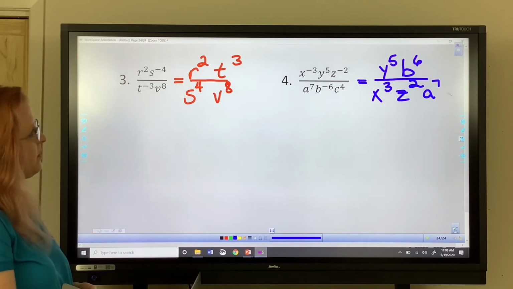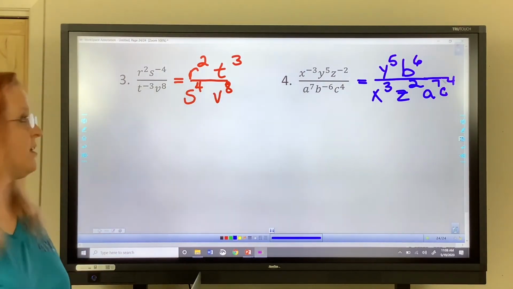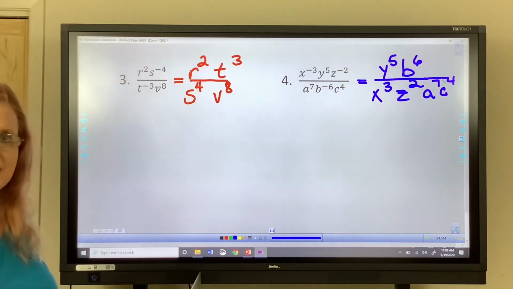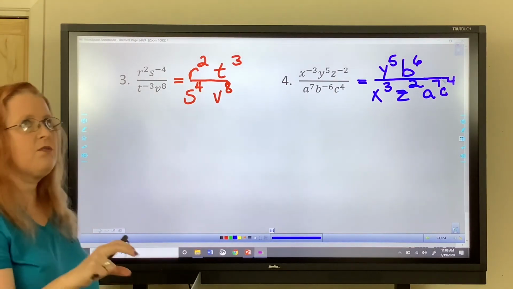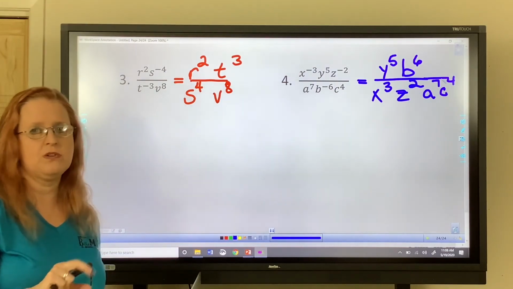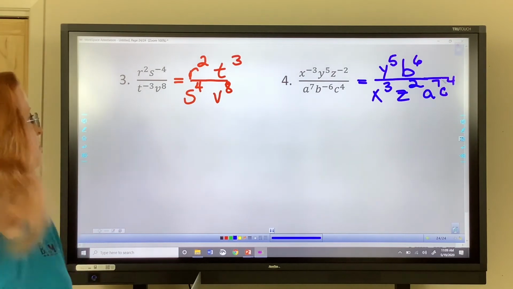And C to the 4th, it's fine, stays where it's at. All I did was move them if they were negatives, and now I have a problem with no negative exponents. Almost every exponent problem wants positive exponent answers.